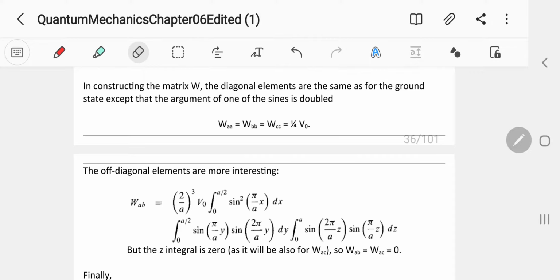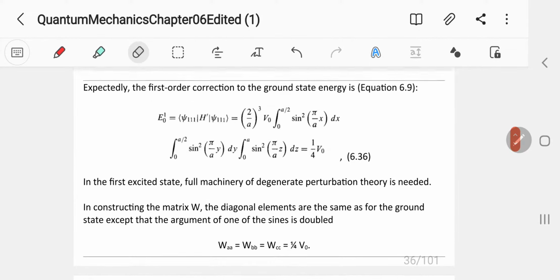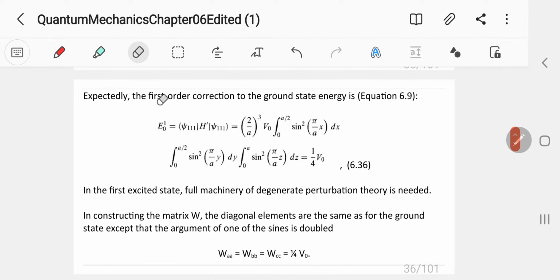So WAA, WBB, and WCC would have to be 1/4 V sub 0, and it's just equal to this one here.